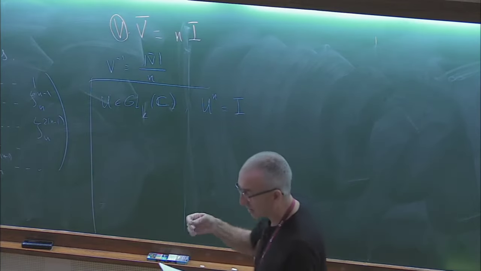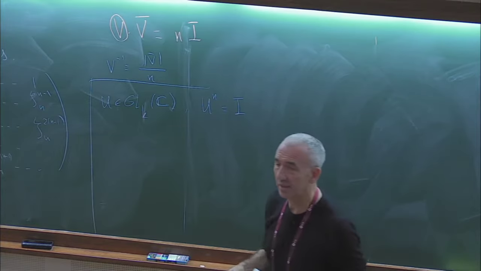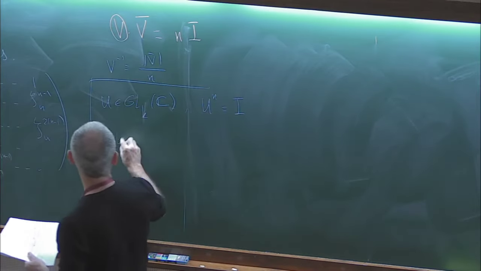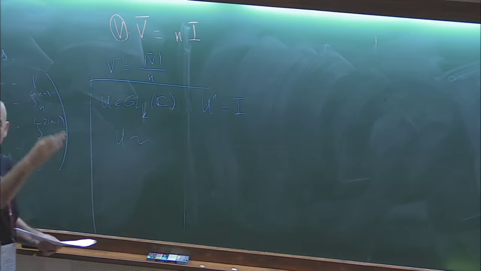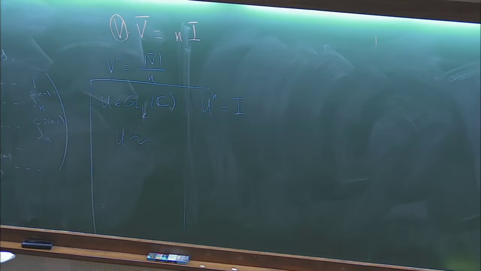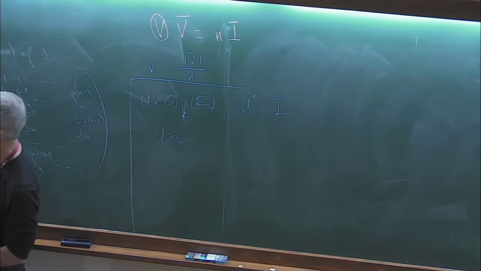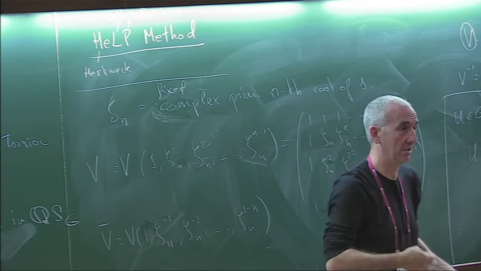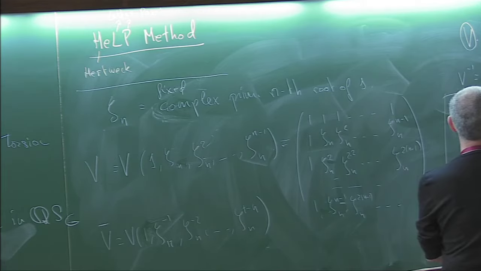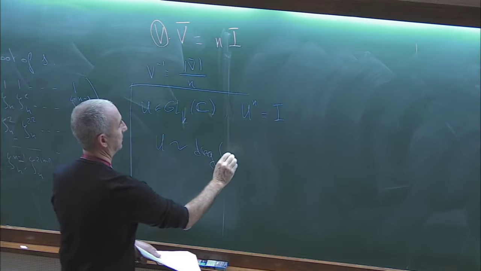Well, we diagonalize u, so u is conjugate to a diagonal matrix, and in the diagonal you only have nth roots of unity. Each of them appears a certain number of times. So I am going to use the following notation.